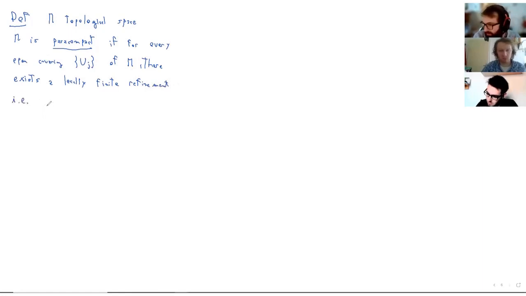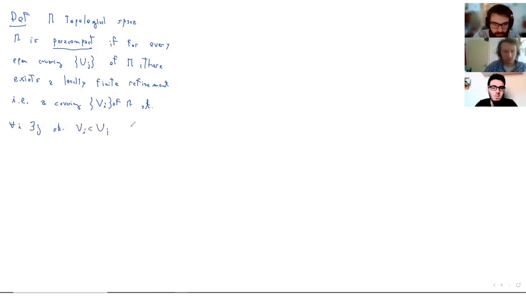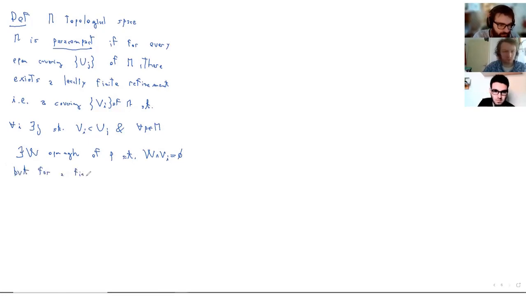What is a locally finite refinement? That is a covering V_i of M such that for every i there exists a j such that V_i is contained in U_j, and for every p in M there exists an open neighborhood W of p, where neighborhood I will always shorten with NGH, such that W intersected V_i is empty, but for a finite number of i's.